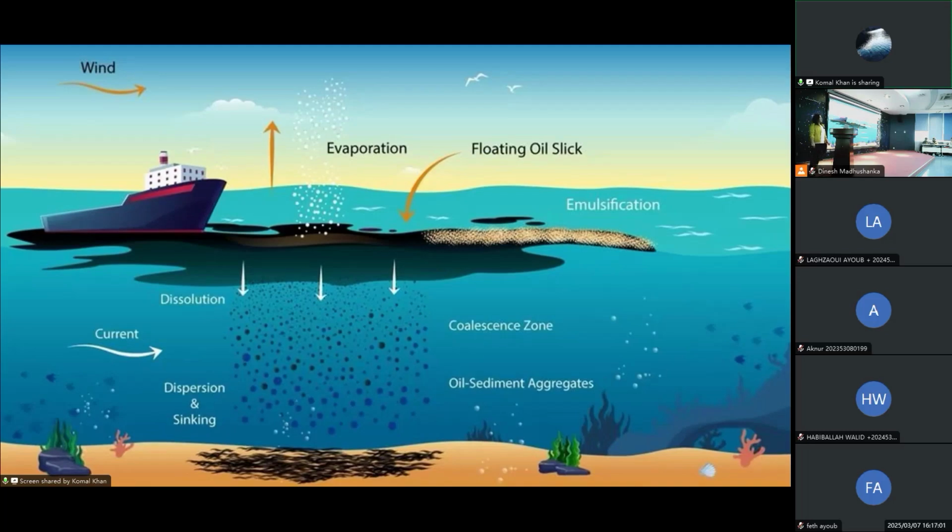When oil is discharged into the marine environment, under the influence of winds, currents, salinity, and temperature, it starts degrading, and some part of it evaporates, some part may be dissolved, some may be dispersed, and some may sink into the lower ocean layers. That whole process is called oil spill weathering.